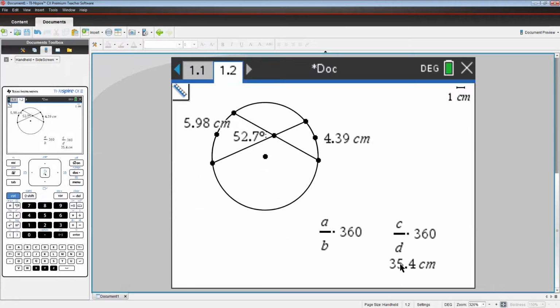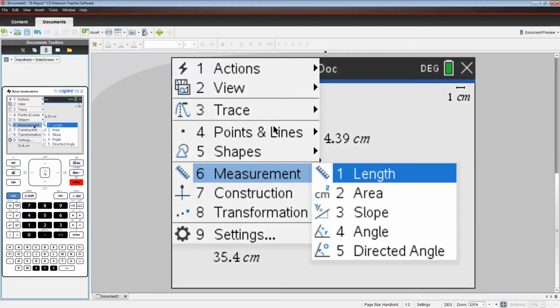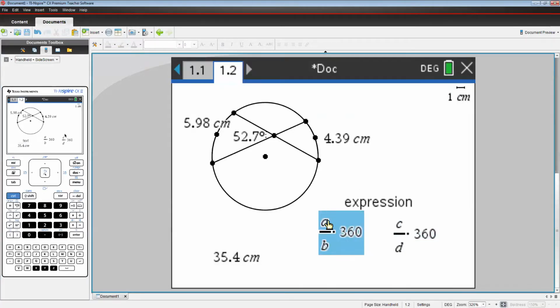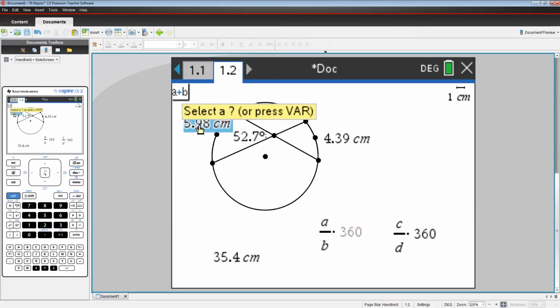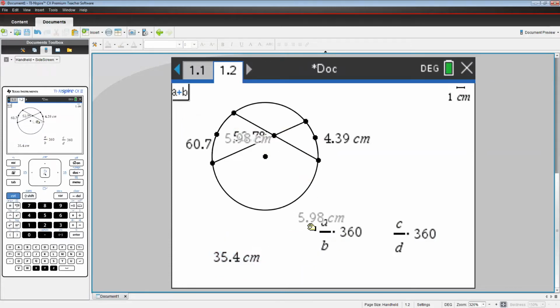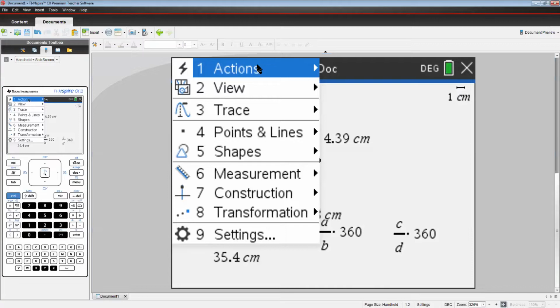I'm going to do these two calculations. Here's the circumference again. So menu, actions, and calculate. All right, so for A, let's make that 5.98. For B, that will be 35.4. And so this guy here is 60.7 degrees.